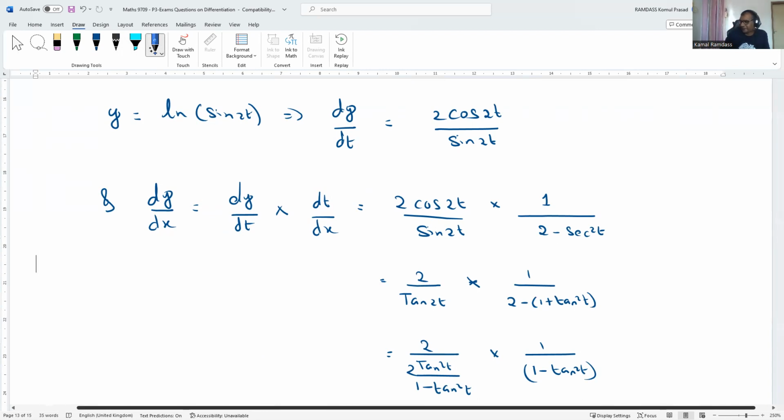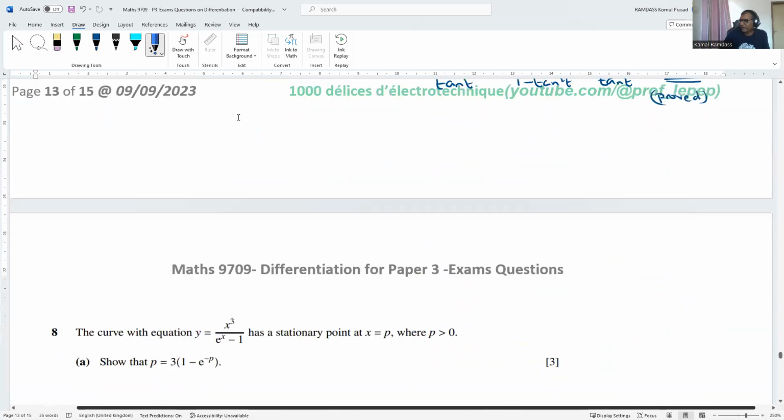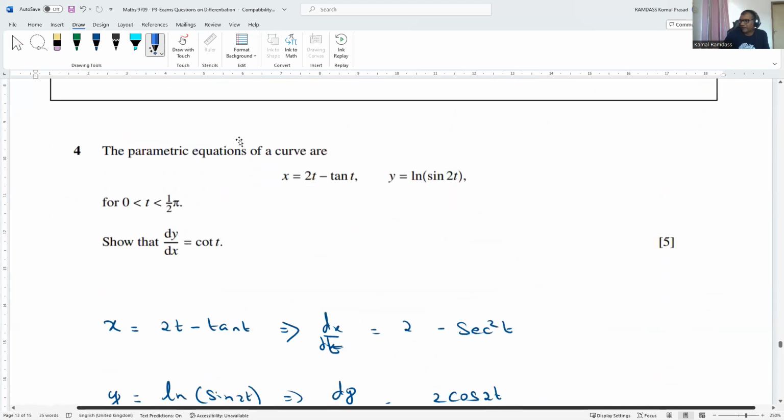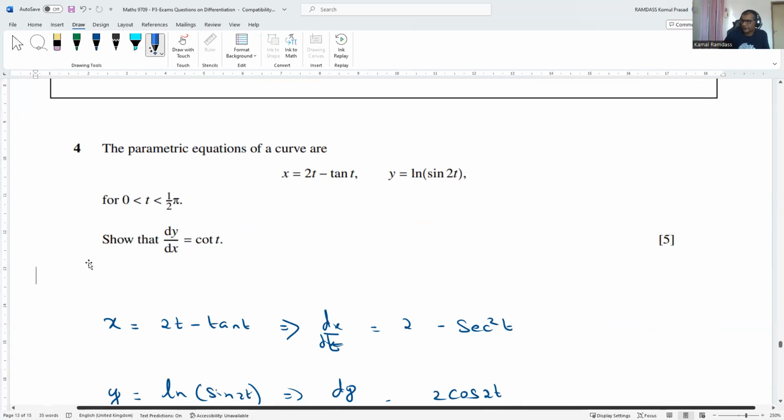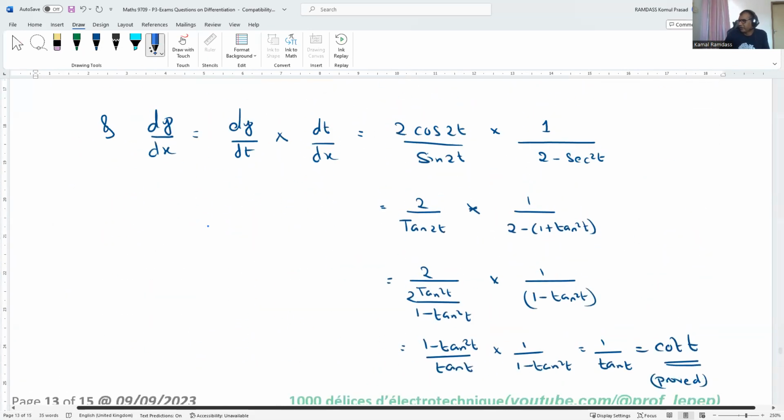Bon, tan de 2t, c'est 2 tan de t divided by 1 minus tan square de t.